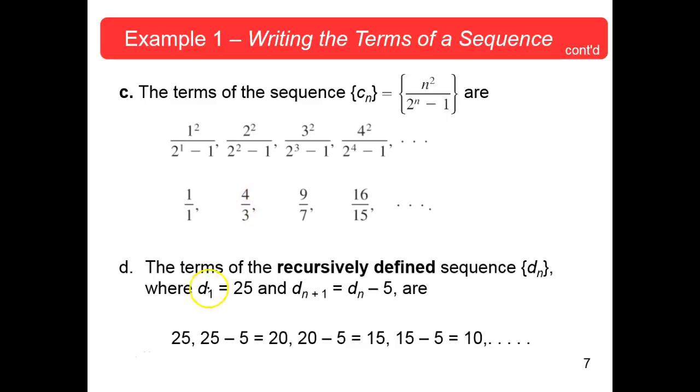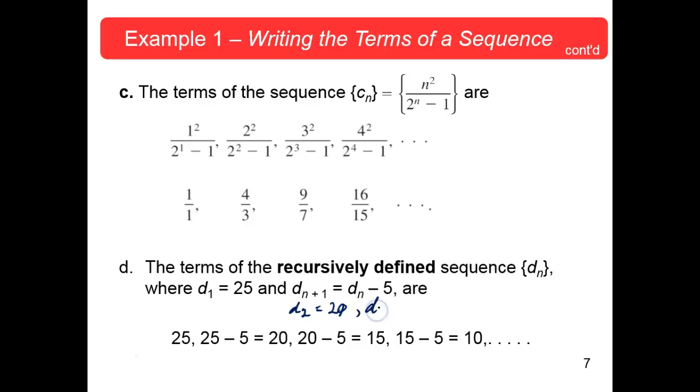Let's just start with, and they give you D1 is equal to 25. So what would D2 be? 20, which is D1, 25 minus 5.